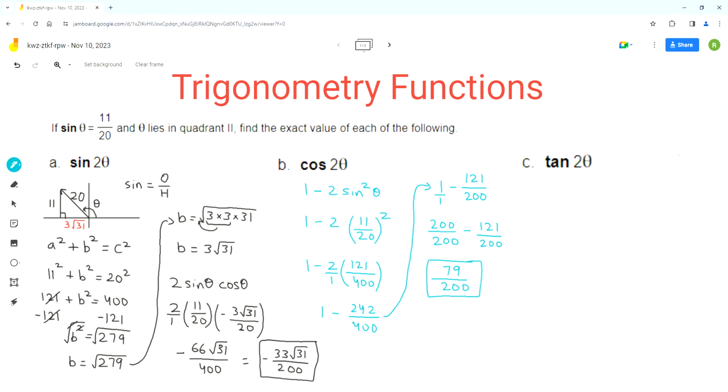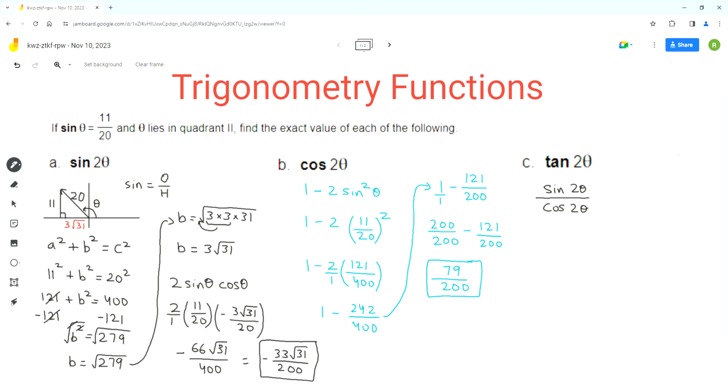So we are done with part B, and now we can work on part C. So in part C we have to evaluate tan 2 theta. Now we know that tan can be broken down into sine over cos. So our first step is to do that because we already know sine of 2 theta and cos of 2 theta. So we can rewrite this as sine of 2 theta over cos of 2 theta.